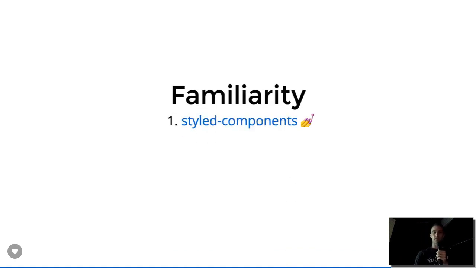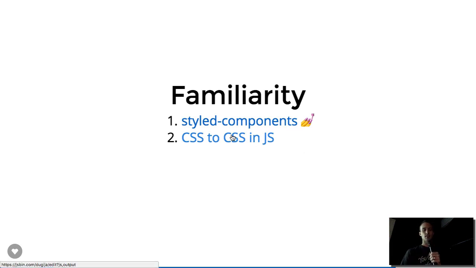A couple of the solutions for the familiarity problem that do exist right now are styled components, which I talked about earlier. It's much more familiar to be able to just type your regular CSS. CSS to CSS and JS is basically this hack job that I made so you can copy your CSS into a text box and it'll change it into objects, which is kind of handy when you're migrating something over.